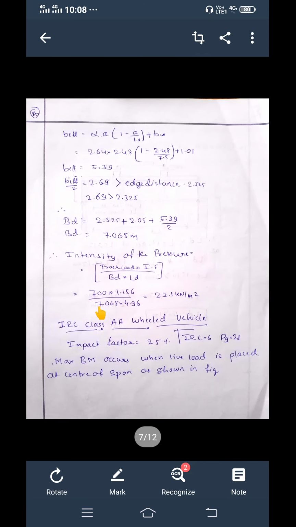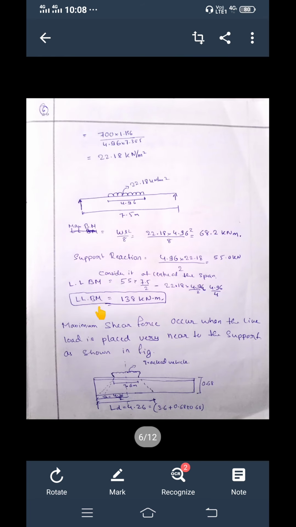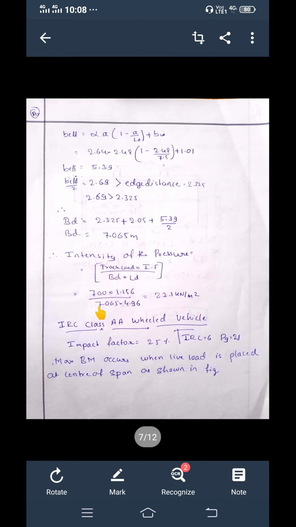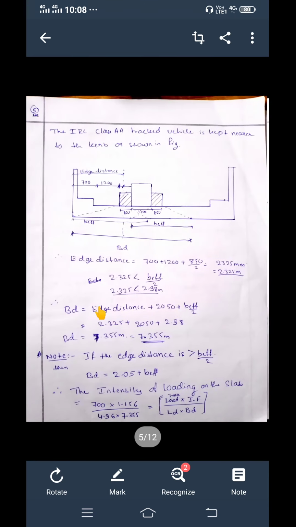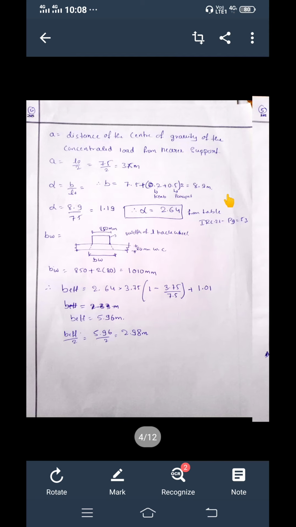See here, the b by L naught ratio. b is 7.5 plus, we should consider the total width, plus kerb plus parapet on both sides. So b is equal to 8.9.